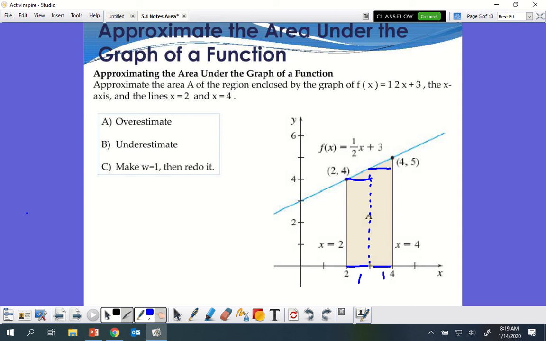From the left, or is the second one still the same? The second one, what is the left hand to the second one? 4.5. 4.5, almost. So that would be halfway in between, wouldn't it? So that would be 4.5 for the height. And so together on a left hand, that would be 8.5. And that, in this case, is an underestimate.